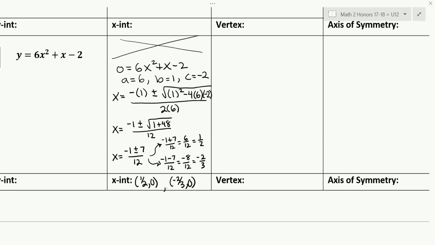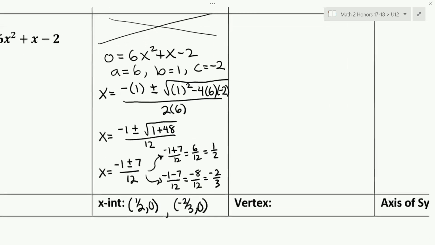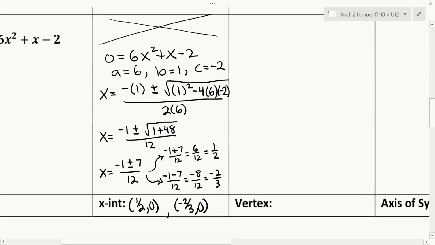On this one, you should get 1/2 and negative 2/3. Here's how. Okay, you carefully plug it into the quadratic formula, and underneath the square root, you end up with 1 plus 48, which gives you 49, and we know the square root of 49. So the square root goes away.